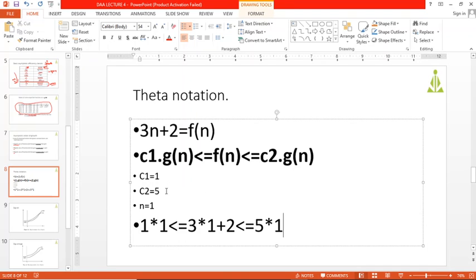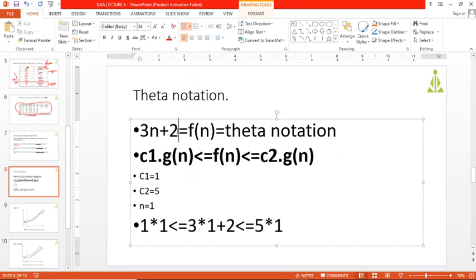times 1. You should assume this value in such a way that the theta notation is satisfied. In the exam it will tell you that 3n plus 2 is theta asymptotic notation, so you have to give such values that you reach the theta notation.